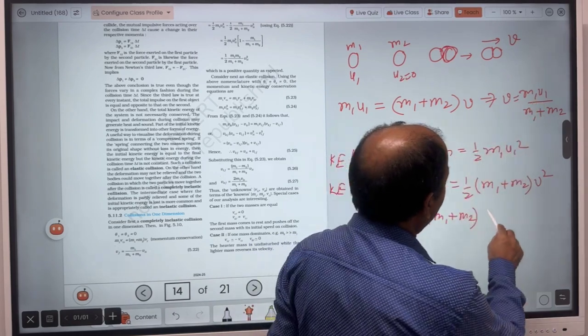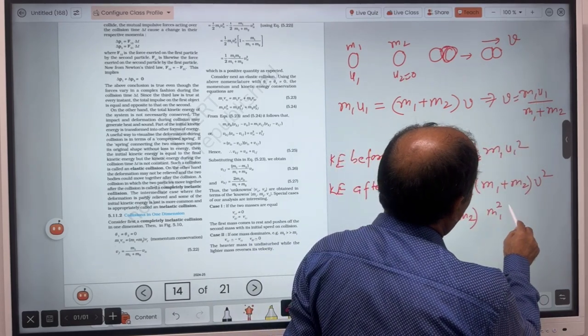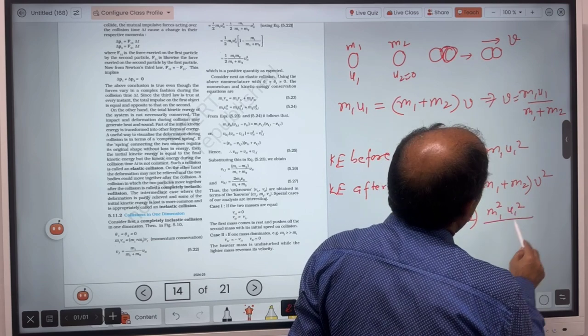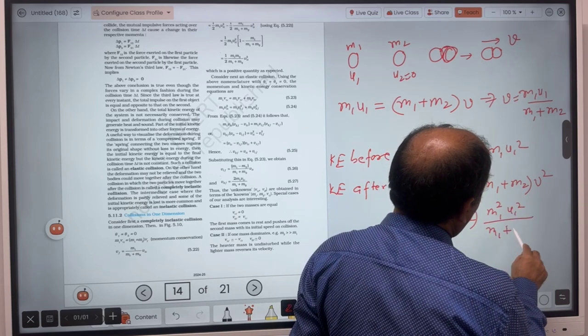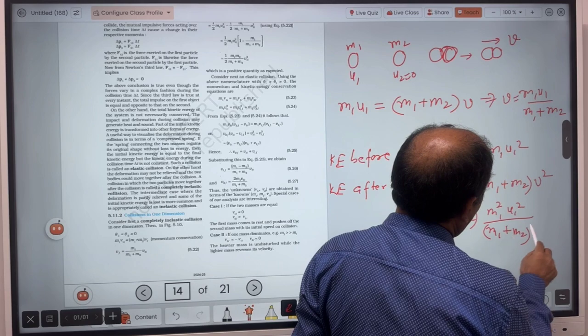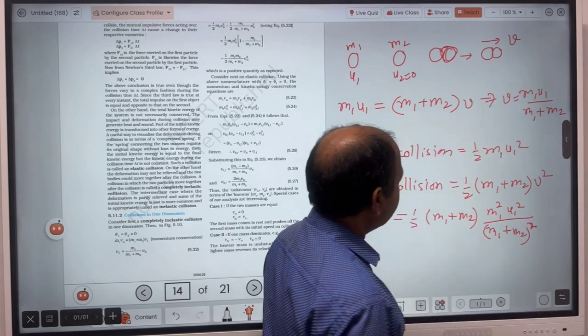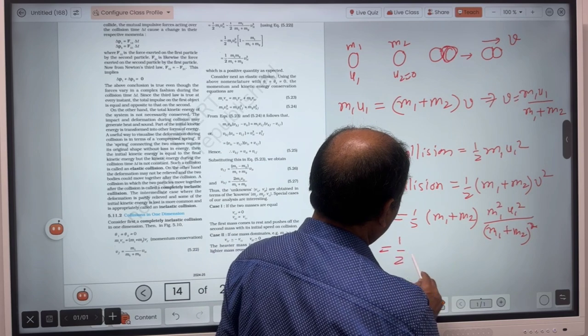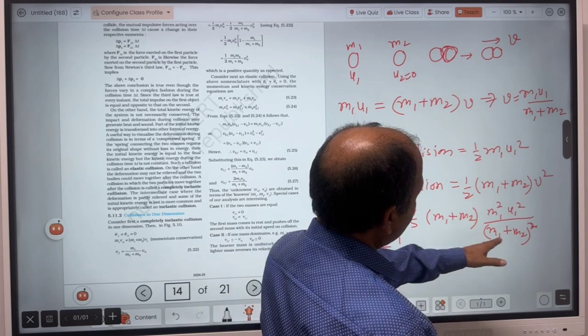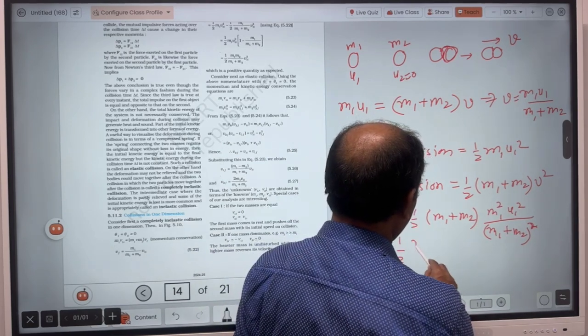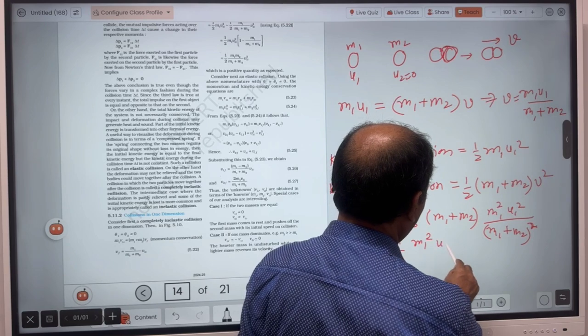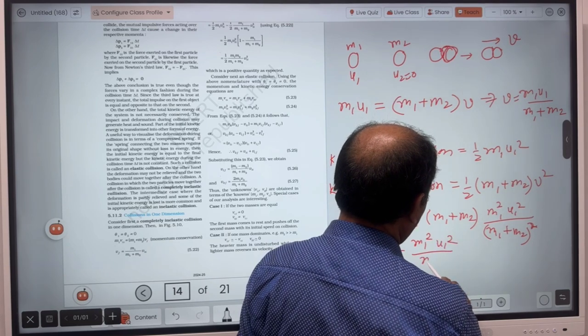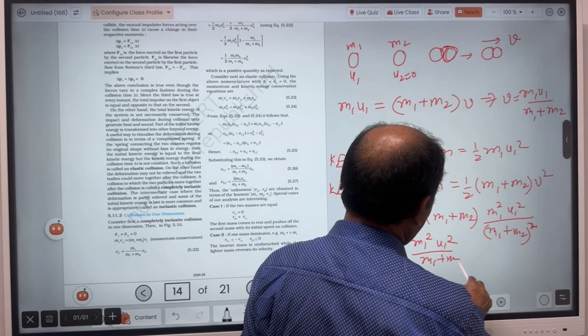If you square this, what do you get? m1 square u1 square divided by (m1 plus m2) whole square. Now, if you further simplify, this is 1 by 2, and one (m1 plus m2) will cancel out. So you will be left with m1 square u1 square divided by (m1 plus m2).